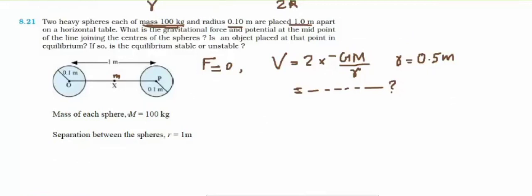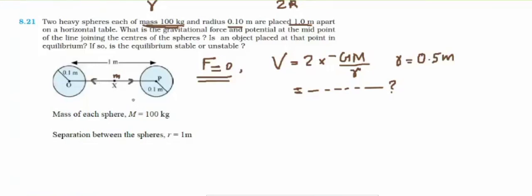So you place the object at point X. We have seen net force acting on the object is 0. Therefore, we can say the object is at equilibrium. The net force is 0. There is no possibility of torque also, because you can see here, the line of action of both the forces are same.